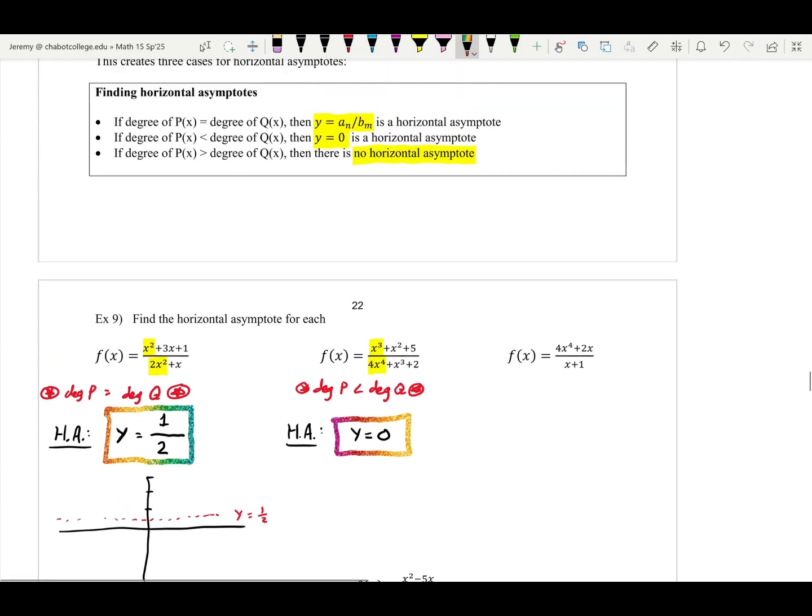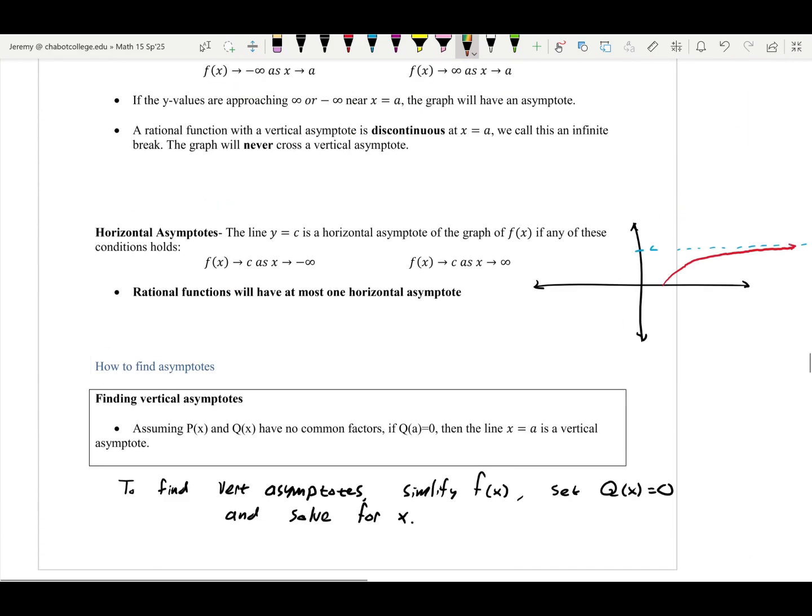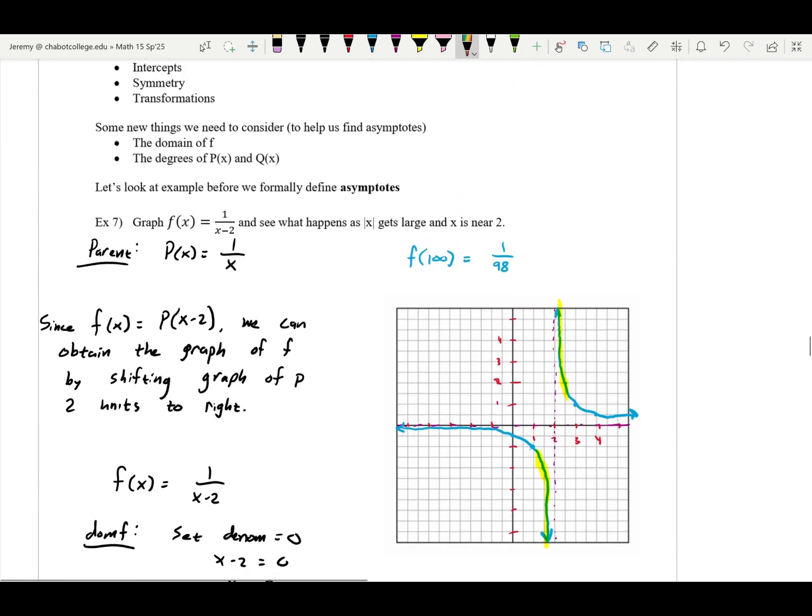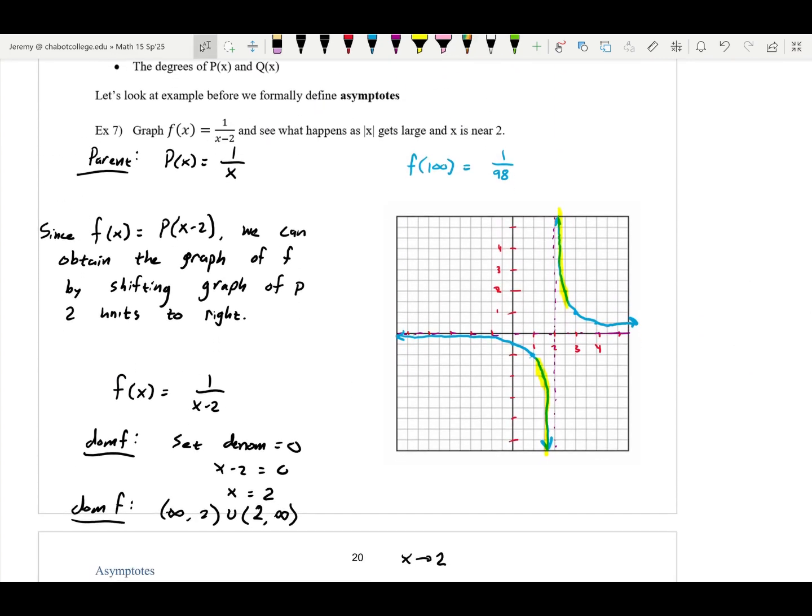Notice that that was the case for the first graphing problem we did up here, example 7. The degree of the numerator, the degree of p, was equal to 0, and the degree of q was equal to 1. So the degree of p was less than q. That's why we had y equals 0 as the horizontal asymptote.